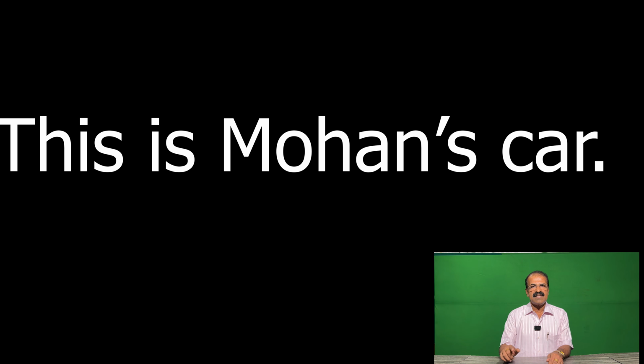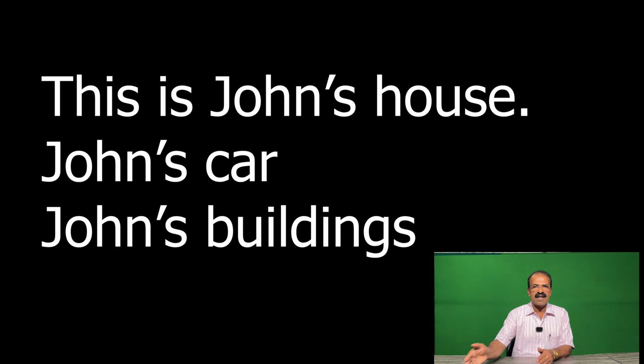I know that the car belongs to Mr. Mohan, so I can say this is Mohan's car. Mohan is a singular proper noun. To indicate Mohan's possession, I can use apostrophe S at the end of his name. So this is Mohan's car.